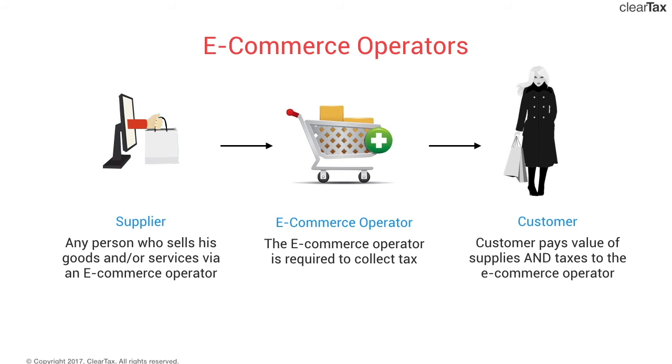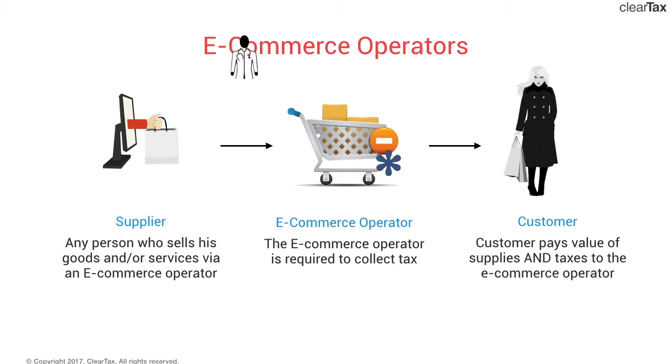The special e-commerce operator category is where the supplier is supplying to the e-commerce operator a special category of services, specified services, and the customer is paying to the e-commerce operator the value of services and the taxes.